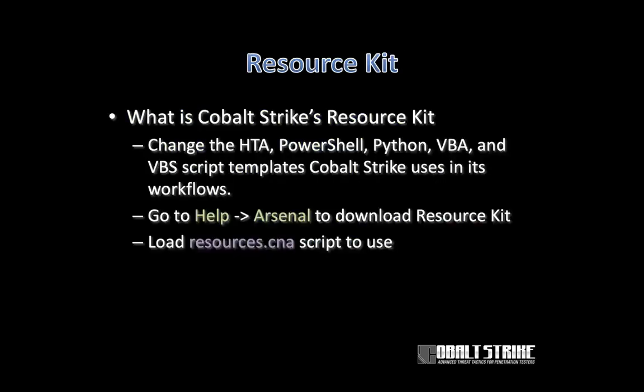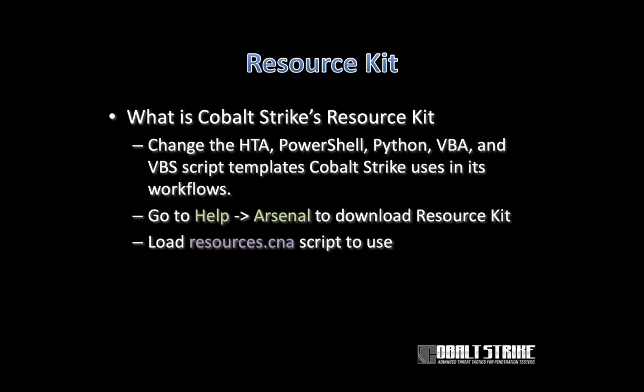When you use scripted web delivery in Cobalt Strike, I would fully expect that the built-in script template for PowerShell or whatever will get snagged by the antivirus product in place.